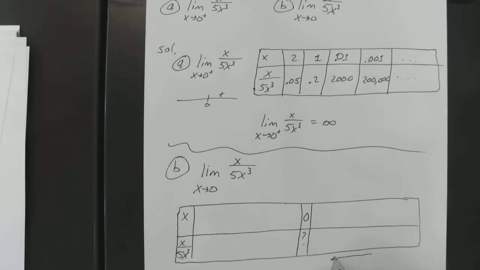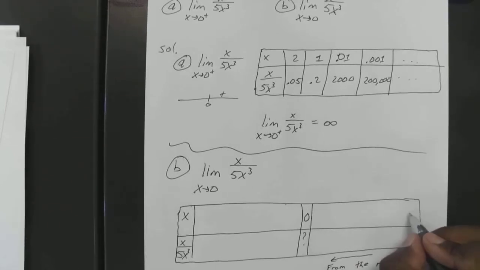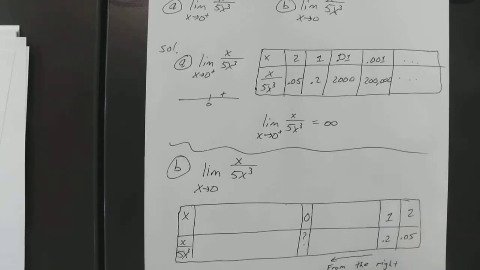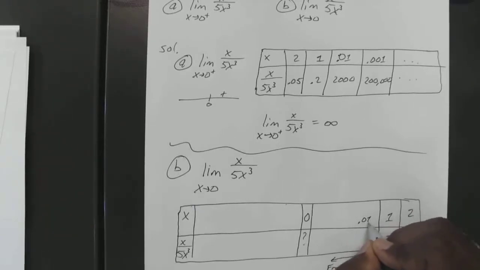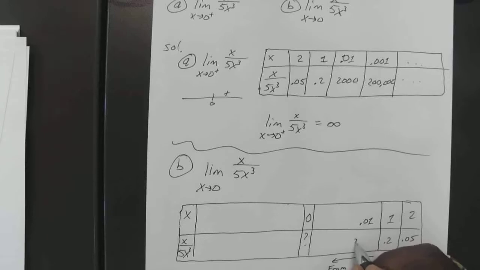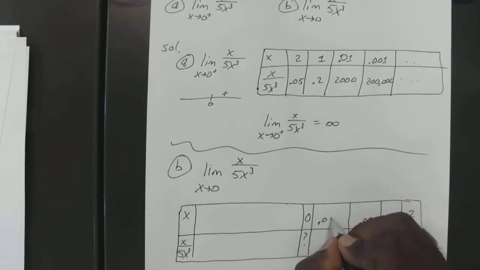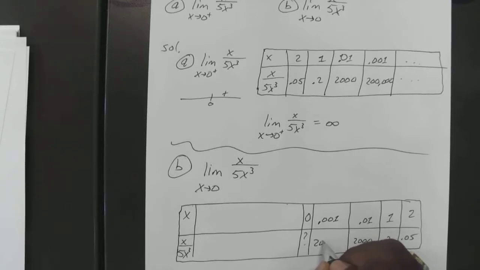So as it's approaching from the right, we already did that, but we'll fill it in anyway. You have 2, which is 0.05. You have 1, which is 0.2. You have 0.01, which is 2,000. And 0.001, which is 200,000.